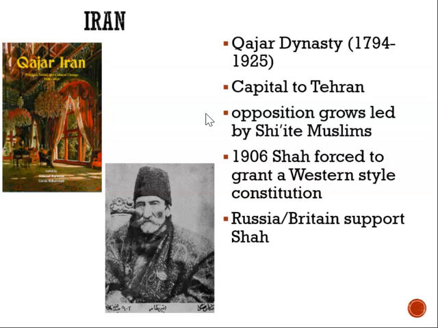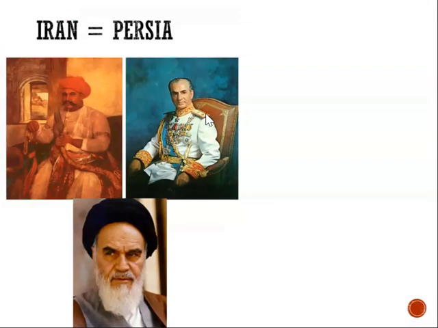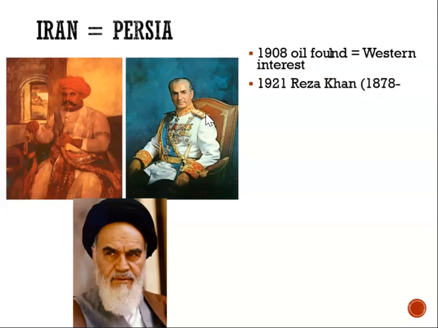Oil starts to become a factor at this time. And so we see that Iran, or Persia, as it's sometimes called, becomes an important state, a wealthy state. So we're going to see in 1908, that's when the oil is discovered, and this is when the West gets interested.